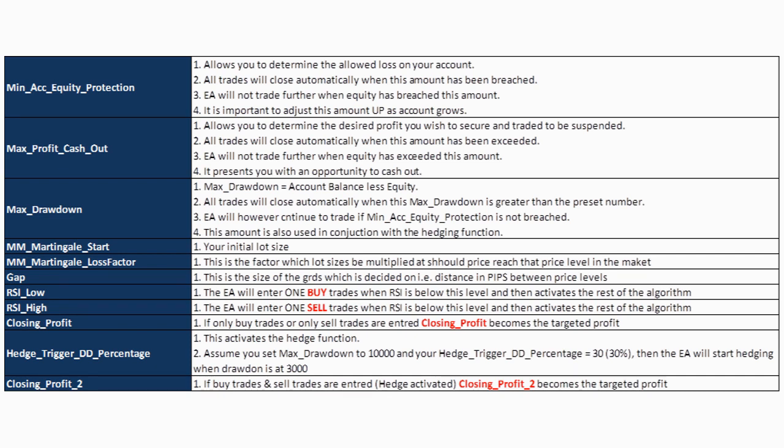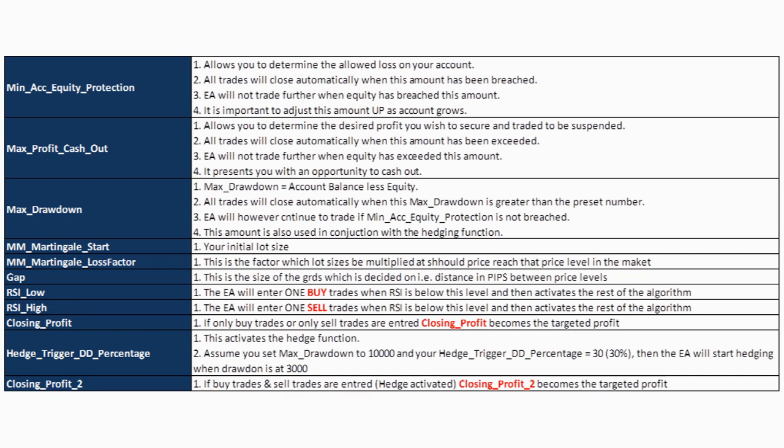This, however, does not mean that the EA will not continue trading. This only closed out all the trades because you felt that you were in too much of a negative situation from an equity versus balance point of view. This does not stop the EA from trading. The only time the EA or the robot will stop trading is when the minimum account equity has been breached.